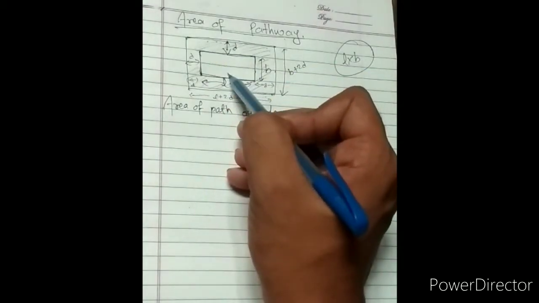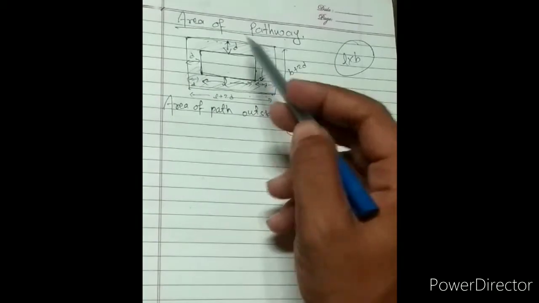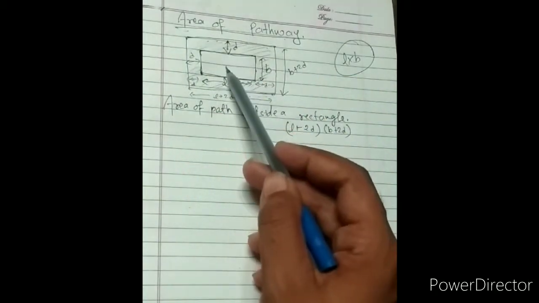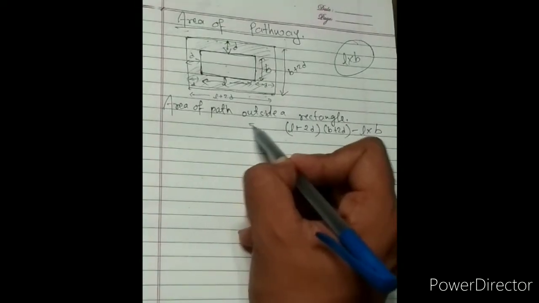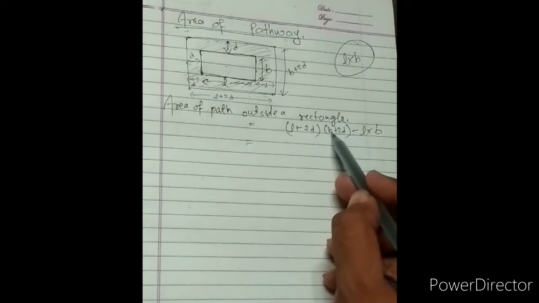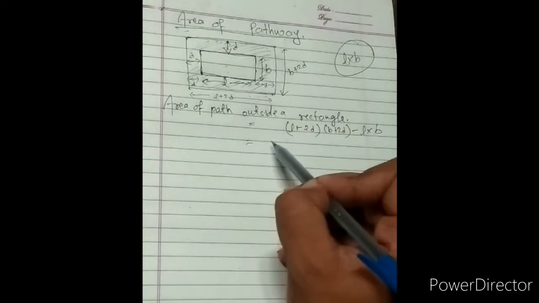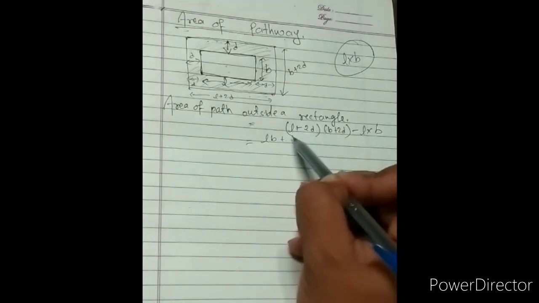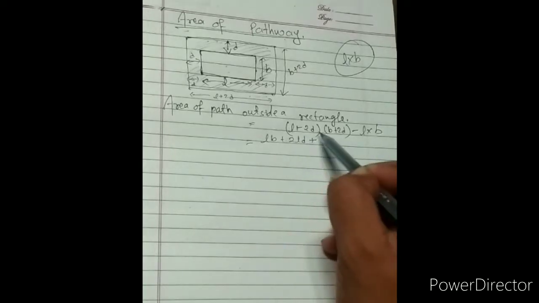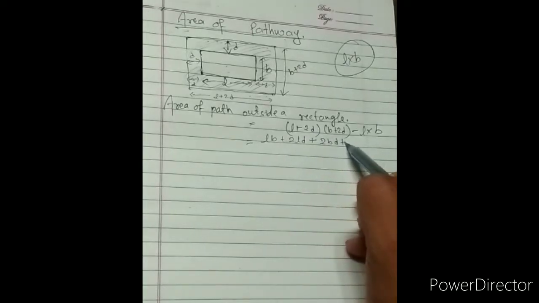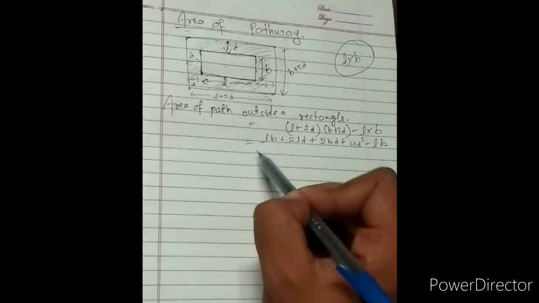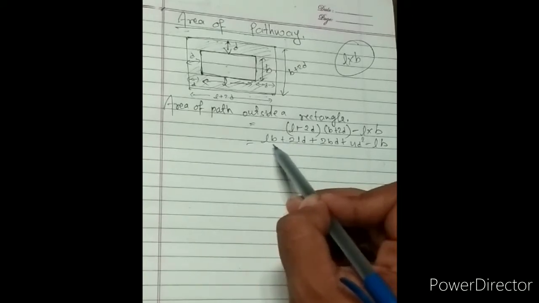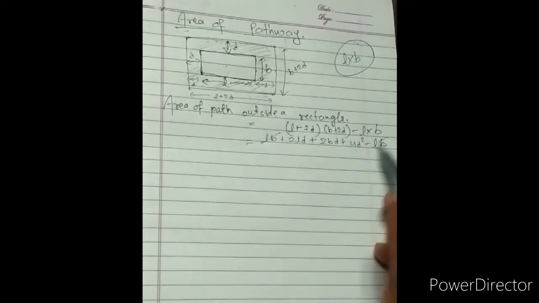So we have to remove this, because to find the area of the shaded region, we do total outer area minus inside area, and the inside area is L into B. Now multiply L plus 2d by B plus 2d: LB plus 2LD plus 2BD plus 4d square, minus L into B. Now this LB and this LB can be cancelled.